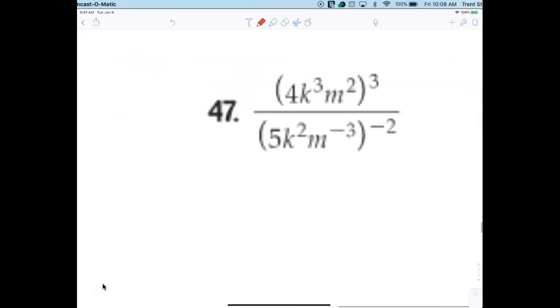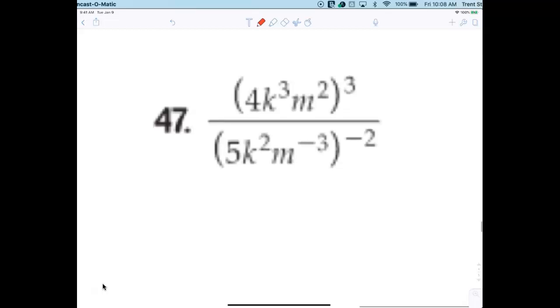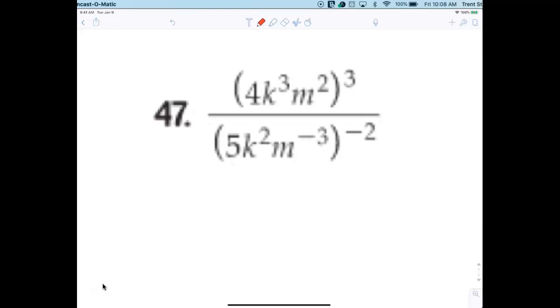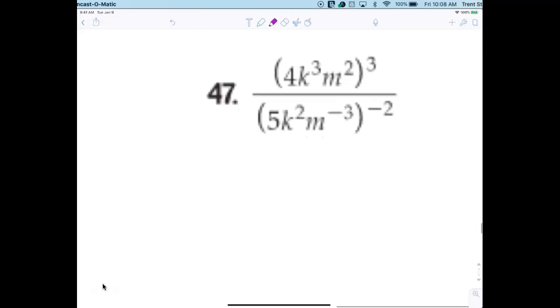Carly. All right, so I want you to tell me about 47. What do you think we could do first? Yep, what is that? No, 4 times 4 times 4. Do that on your calculator real quick. 4 caret 3.